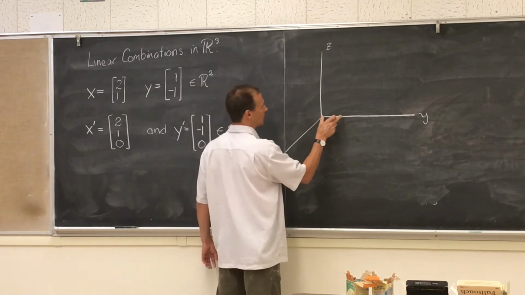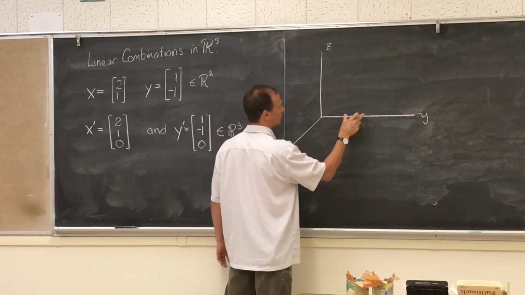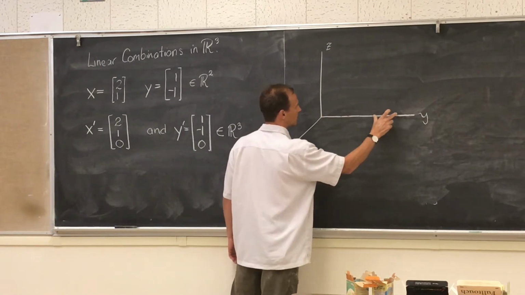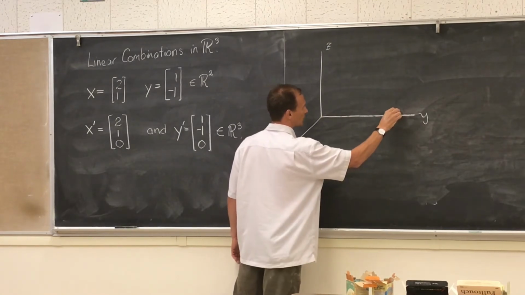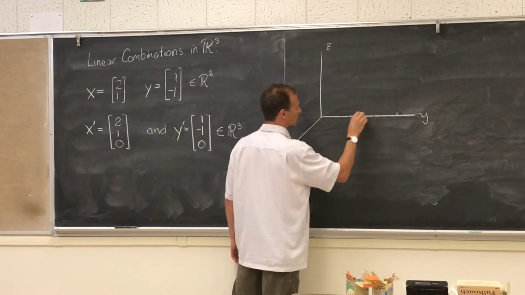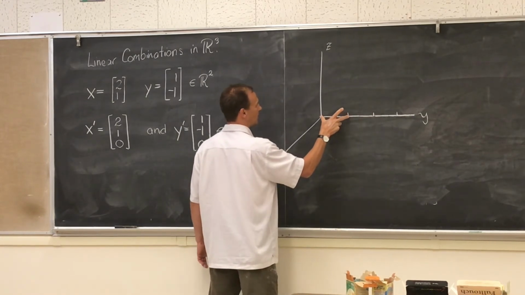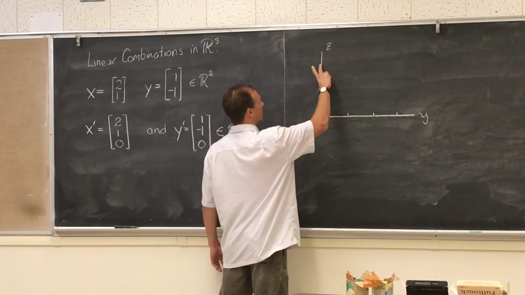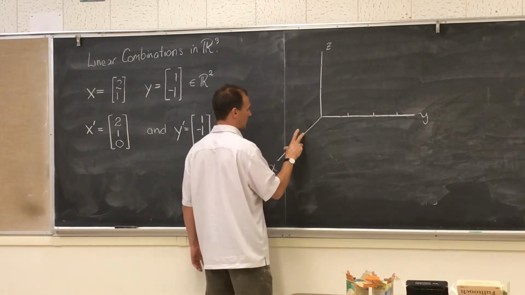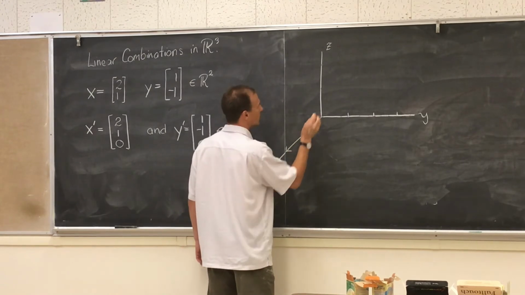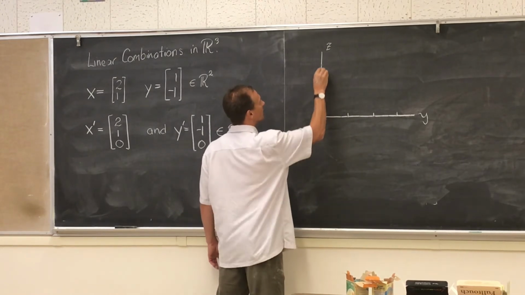Let's mark these off in segments, making them a little bit bigger. That looks about right. 1, 2. Okay, so then I have that and that.